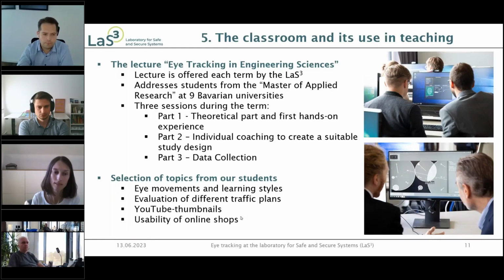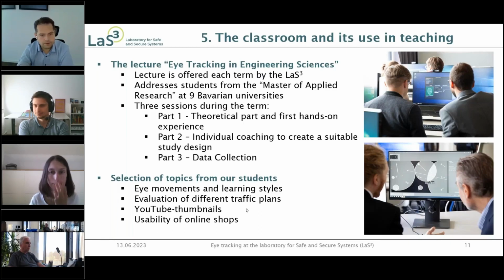We always start with all the theoretical aspects of eye tracking, which is the first session, where you also have the chance to get some first hands-on experience in the lab, because we have made the experience that as soon as you bring them to the lab, the more interested they are and the more creative the study designs are. The second part normally takes place remotely and is more like individual coaching.